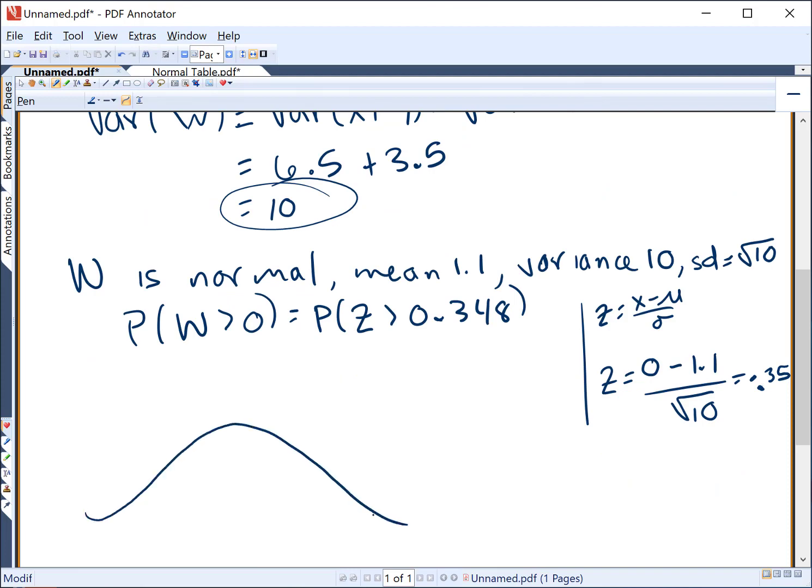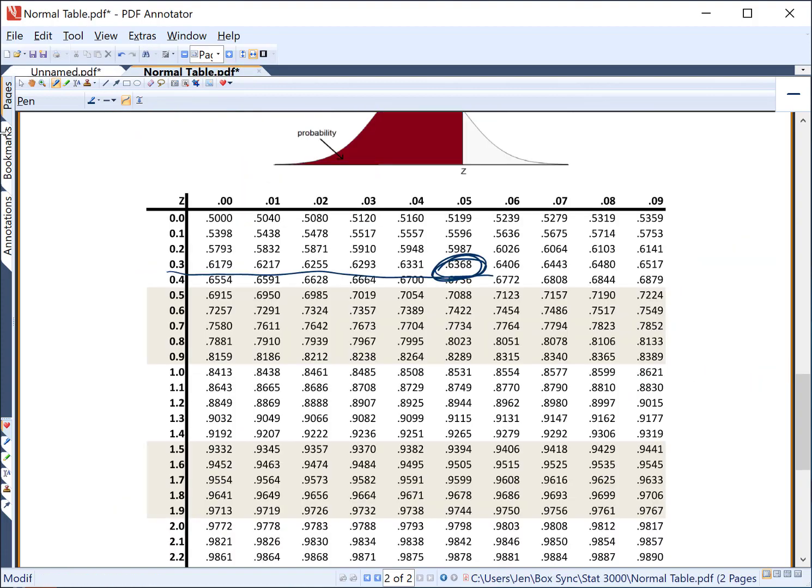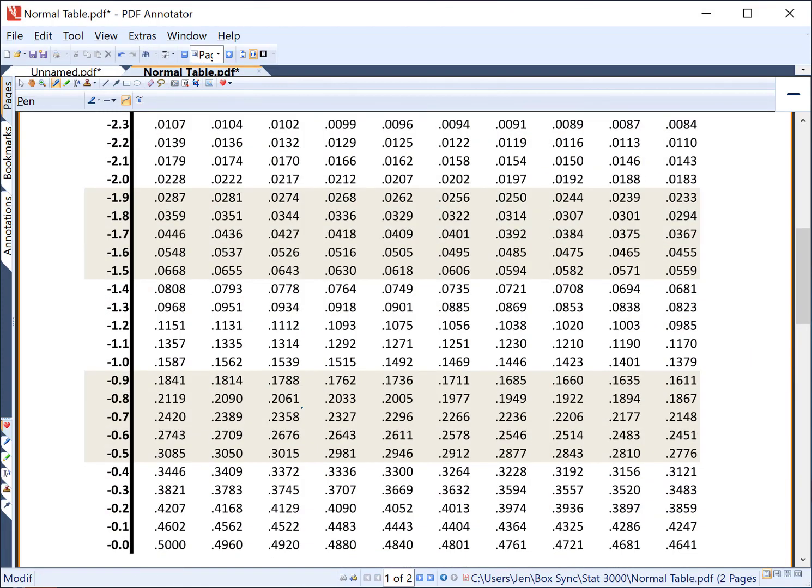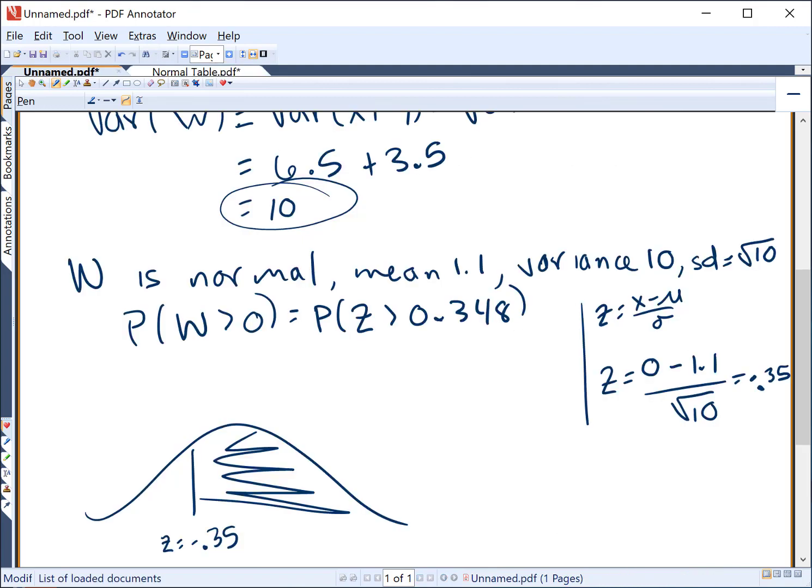So if I was to draw a picture, here is my z equals negative 0.35. I want all the area to the right. So I pull up my normal table. I'm looking for negative 0.35. So negative 0.30, 1, 2, 3, 4, 5. Looks like it'd be this 0.3632.